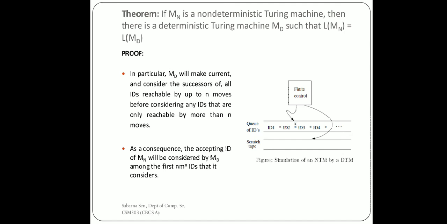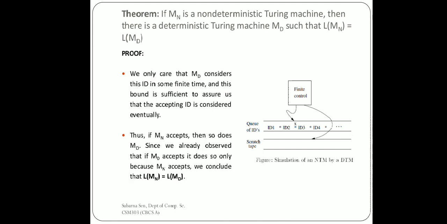As a consequence, the accepting ID of Mn will be considered by MD among the first n times m to the power n IDs that it considers, for the first n moves.